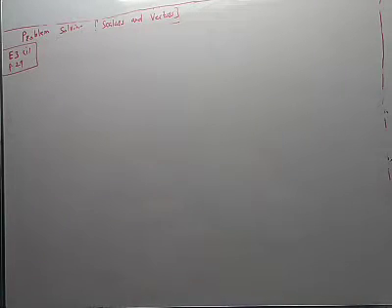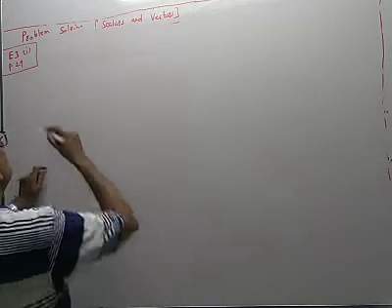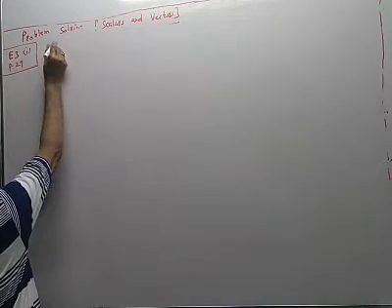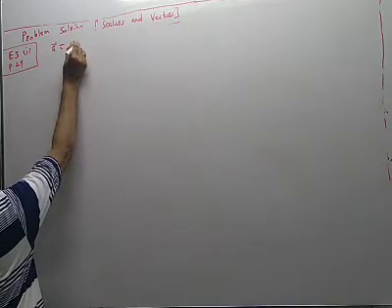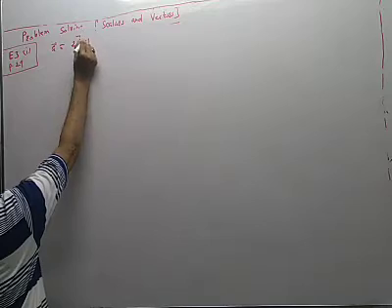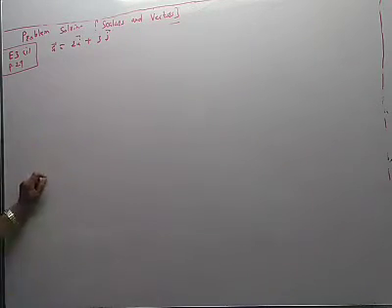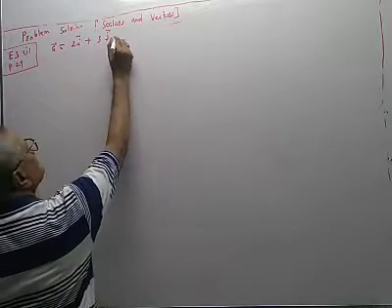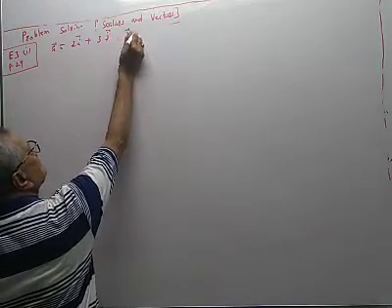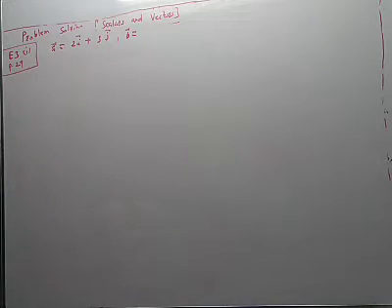So A and B are given like this. A is equal to 2 times i plus 3 times j, and B is equal to 3 times i plus 5 times j.